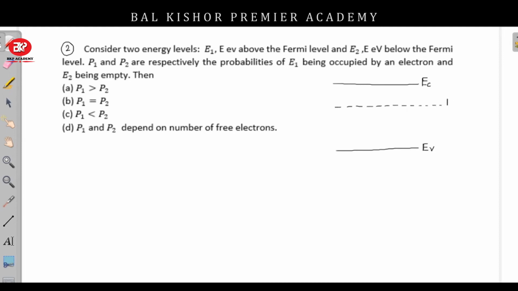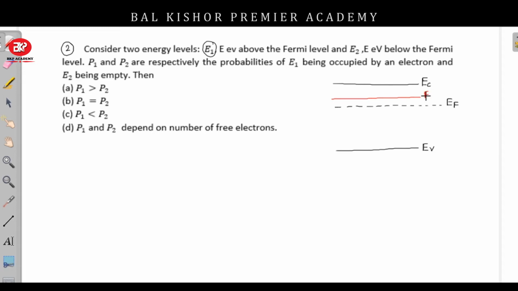So this is the Fermi level of the semiconductor. कोई भी पोजीशन पे ले सकता हूँ क्योंकि N टाइप P टाइप कुछ नहीं बोला है. Now E1 एक एनर्जी लेवल है जो E electron volt above the Fermi level है. So let us draw that. Suppose this is the E1 energy level I am talking about.